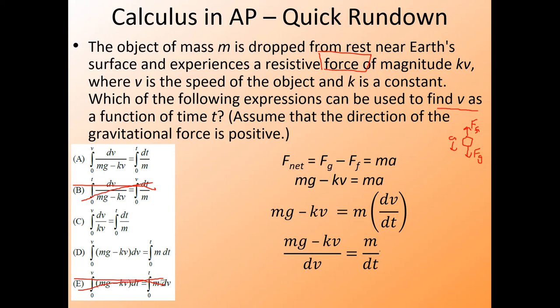The right-hand side doesn't have a time, which is fine, but I end up with this. I can't have the dv and dt on the bottom though. If I take an integral, it has to be on the top. So I'm going to actually flip both sides. So I have dv over mg minus kv equals dt over m. And from here, you can already see which equation I'm going to be doing. My solution is going to be A.